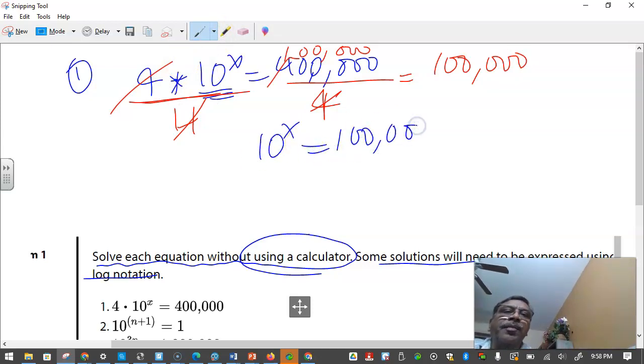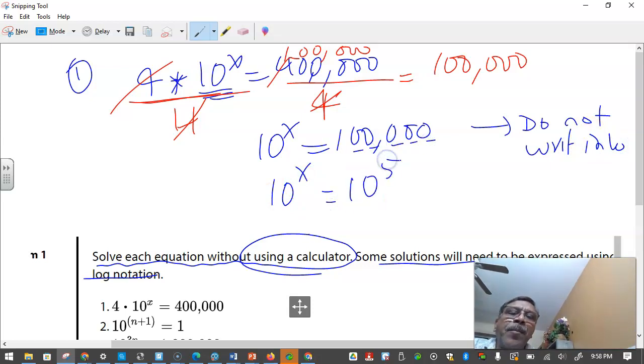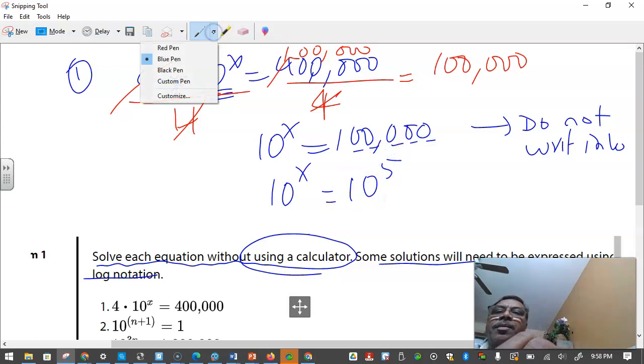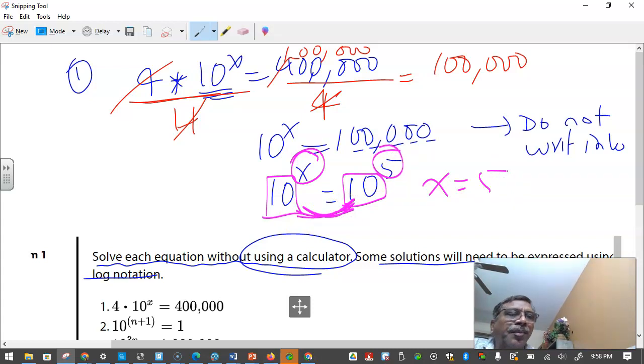Now do not write in log form. Why? Because this is 10 raised to x, and we know there are 1, 2, 3, 4, 5 zeros. We can write it as 10 to the 5. Now they have the same base, so the exponent has to be the same. That's the only way they will look alike. So x equals 5 and you're done.